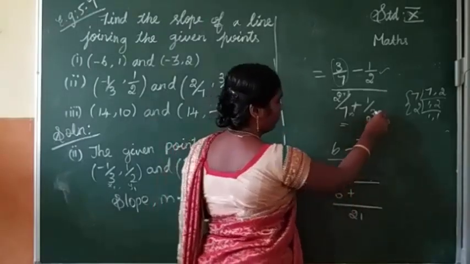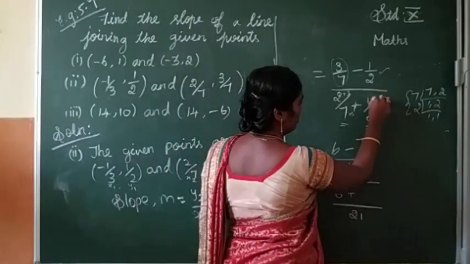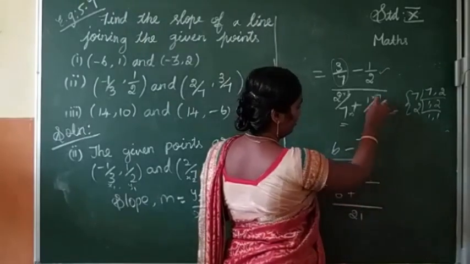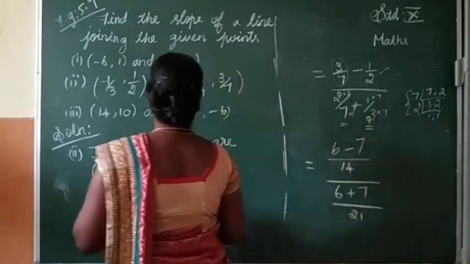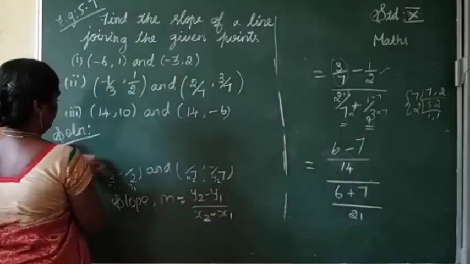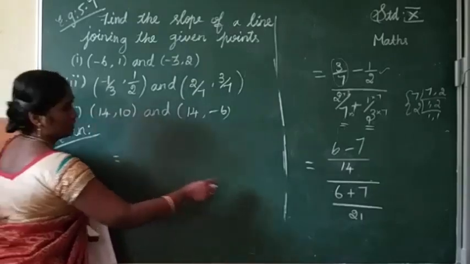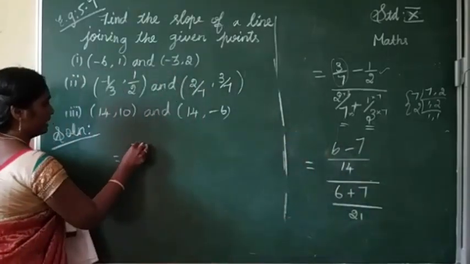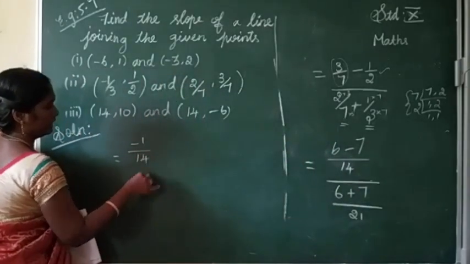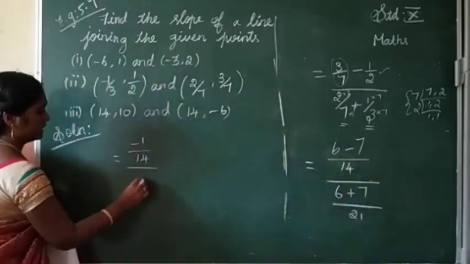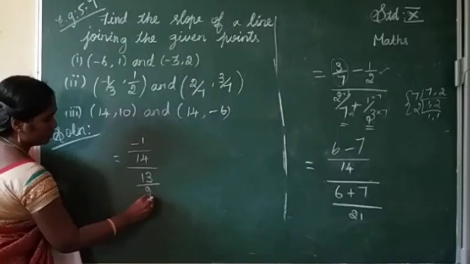Then plus, if you multiply here, which number will give 21? 7. 3 sevens are 21. We already written. Then 1 7 is 7. Then 6 minus 7 we will get minus 1 divided by 14. Then 6 plus 7 we will get 13 divided by 21.